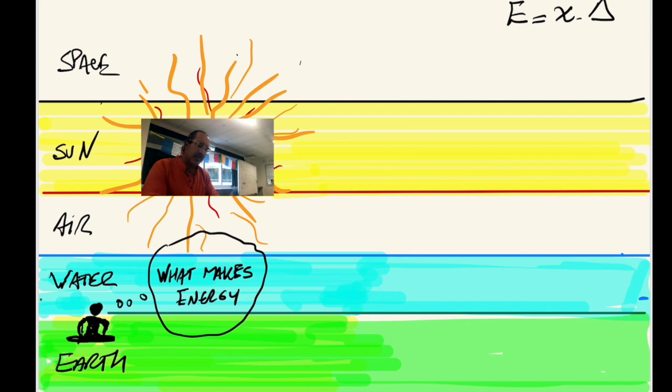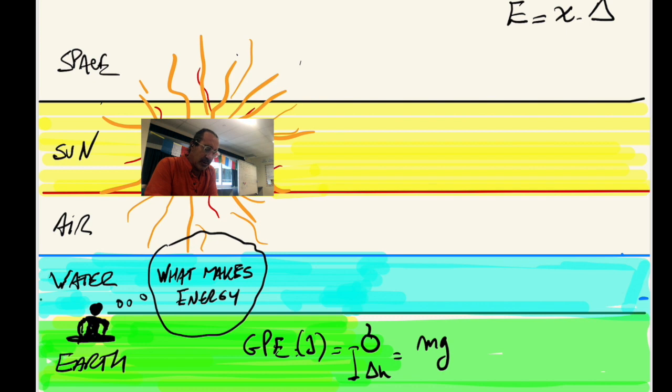So let's look a little bit deeper into the concept of energy. We explored only the energy that comes from the sun. Now let's explore other forms of energy, like let's look at gravitational potential energy, right, in joules. What do we need to have gravitational potential energy? Well, we need to have an apple at a certain height, right?